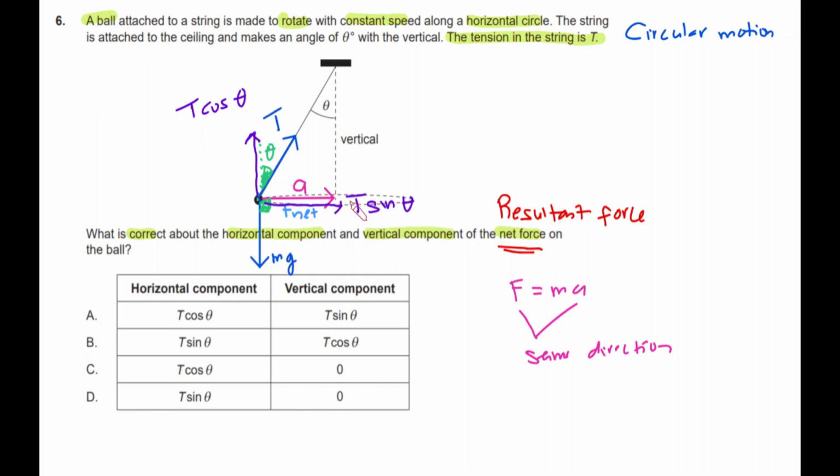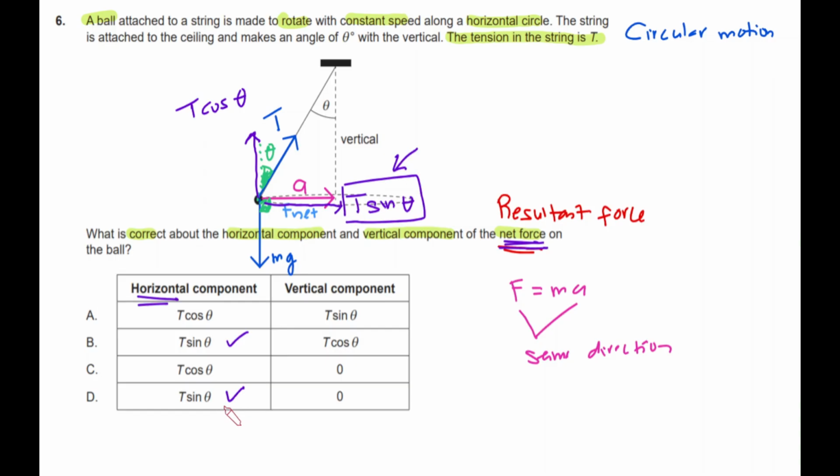Now we have an actual force pointing in the direction of the resultant force, and this is the force contributing to our horizontal net force. So for the horizontal, we have T sine theta. This will be our answer for horizontal.